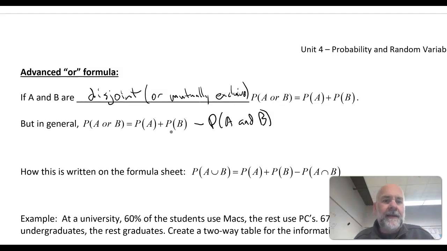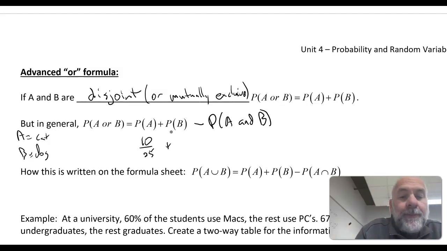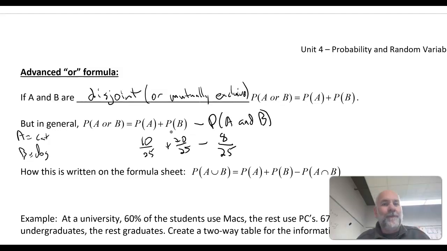Let's see it in the dog and cat version from above. The probability A is cat and B is dog, has a cat and has a dog. The probability of having a cat or a dog is the probability of having a cat plus the probability of having a dog minus the probability of having both, not because I'm excluding these people, but I'm just keeping them from being counted twice, and by subtracting them off once, I'm only counting them once.